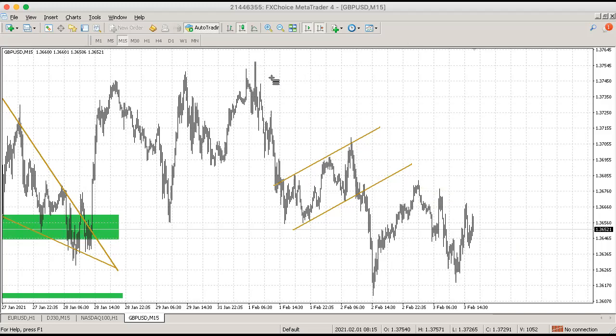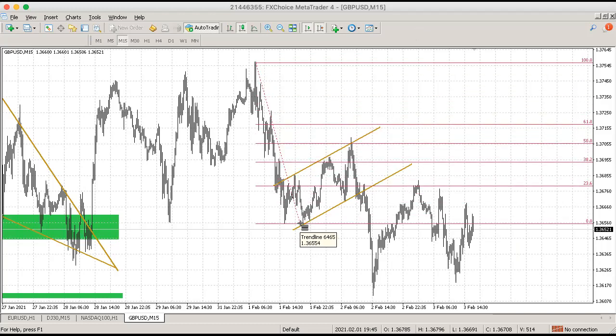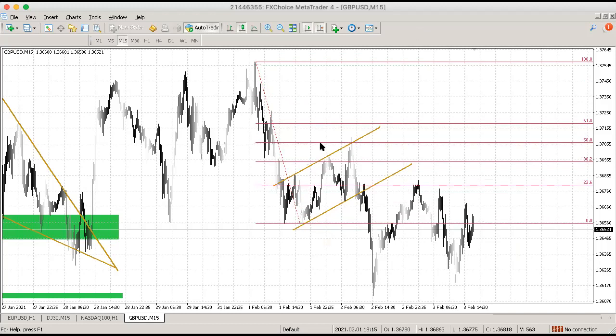So we take a Fibonacci to know when this flag is going to end. As we can see, the flag ended here: we retraced back to the 50% level, and then we went to the downside.